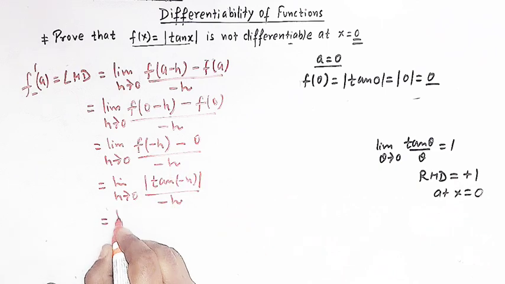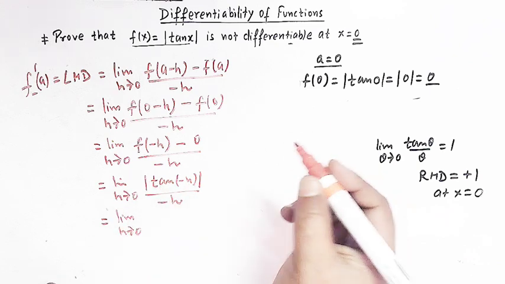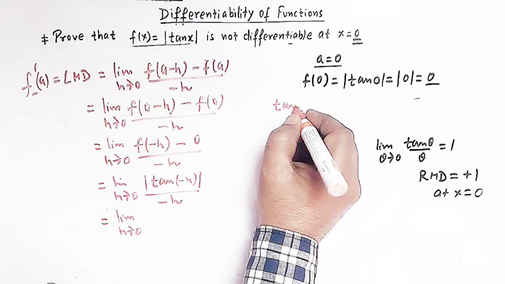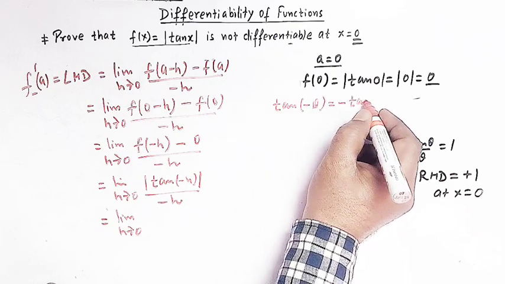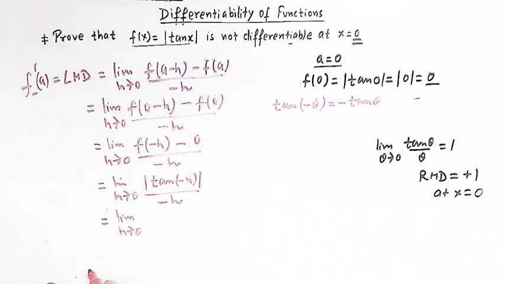So now we can write limit h tends to 0, and from trigonometry we know that tangent of minus theta is equal to negative of tangent of theta. So here we have mod of minus tan h, and here we have minus h.